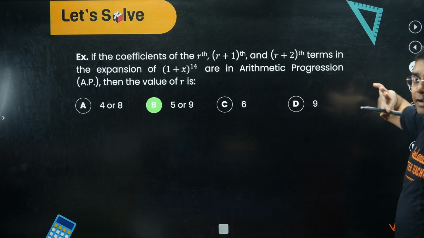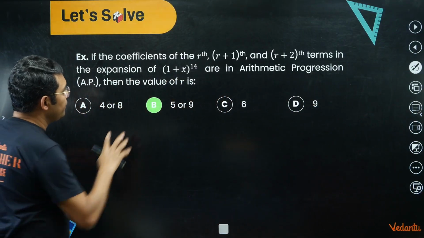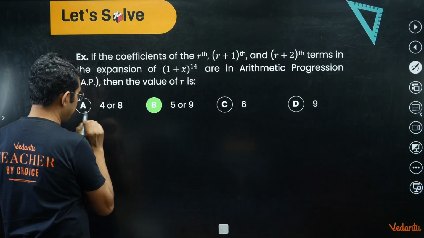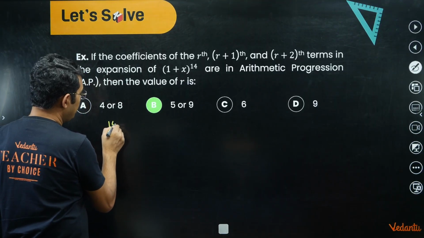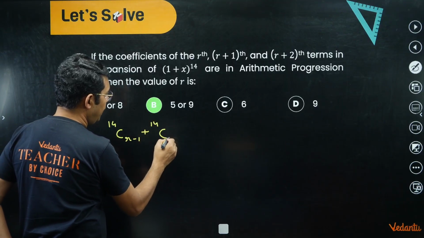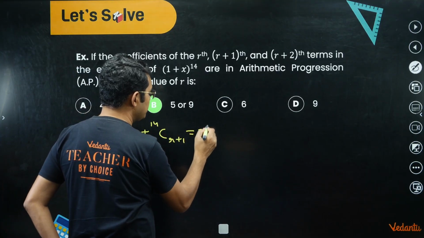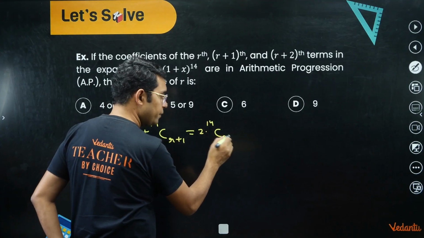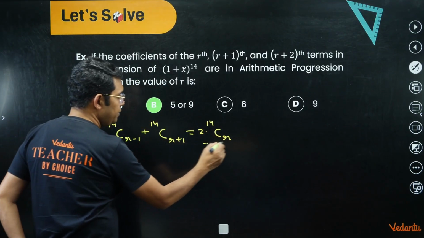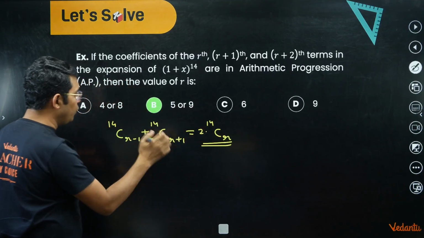Yeah, I will tell you another method. Please listen carefully. My other method is a bit simpler. We have 14C(r-1) + 14C(r+1) = 2 times 14Cr. Let's add 2 times 14Cr on both sides.